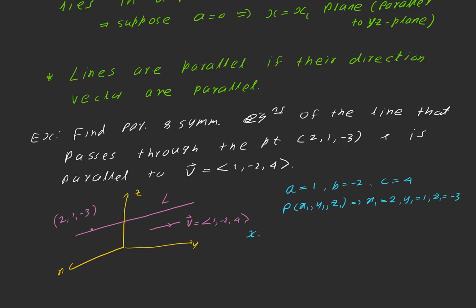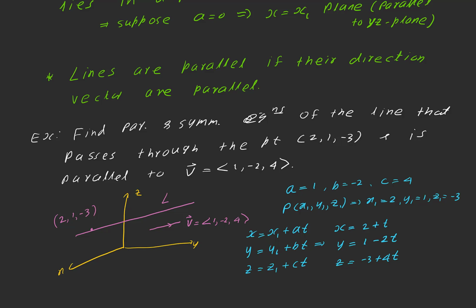Now using x equals x1 plus at, y equals y1 plus bt, z equals z1 plus ct, we can plug in the numbers: x equals 2 plus t, y equals 1 minus 2t, z equals negative 3 plus 4t.